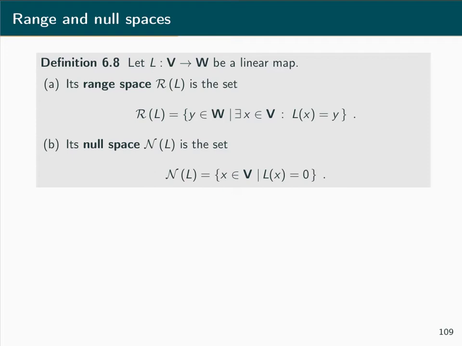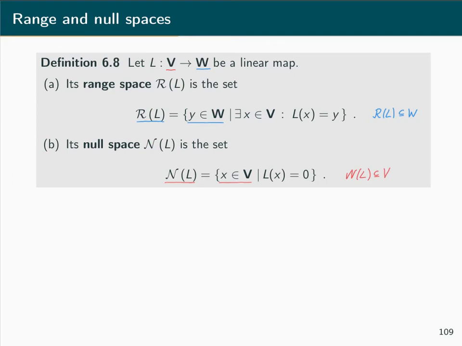The null space of L, denoted with a calligraphic N, is the set of all x in the domain V such that Lx equals 0. What's important to note is that the range space is a subset of the codomain of the linear map. The null space, on the other hand, is a subset of the domain of the linear map.